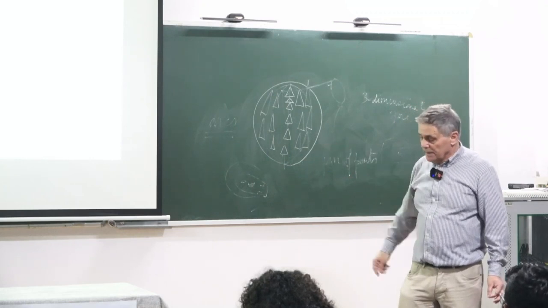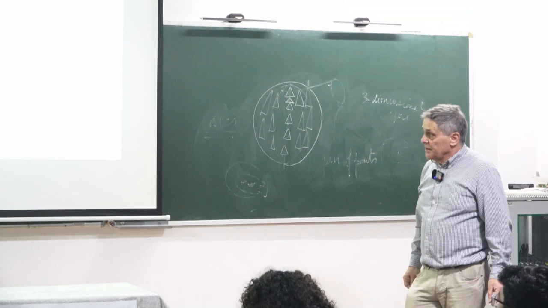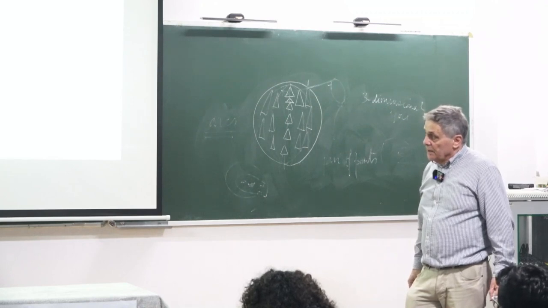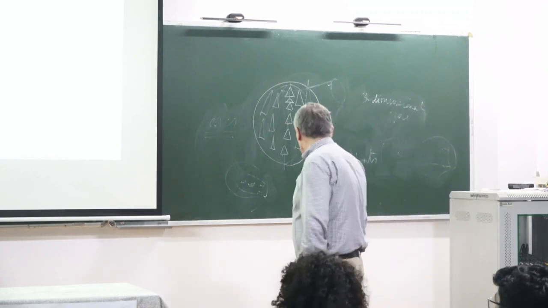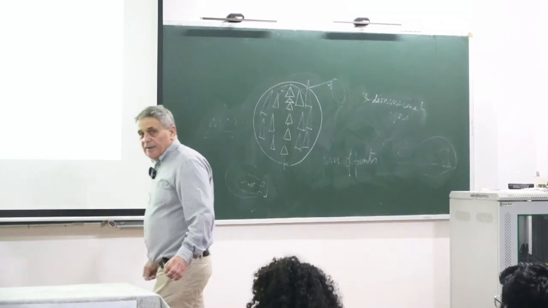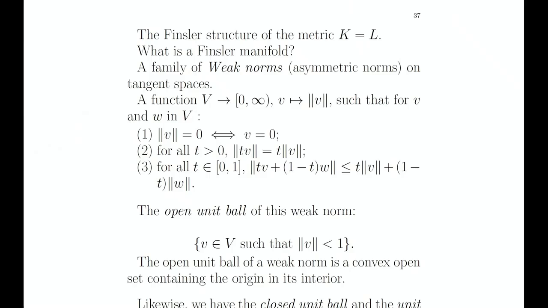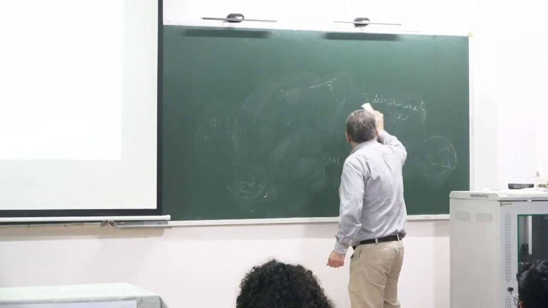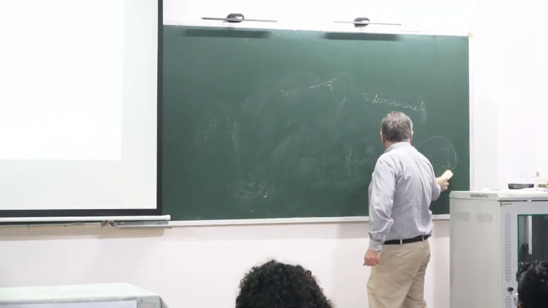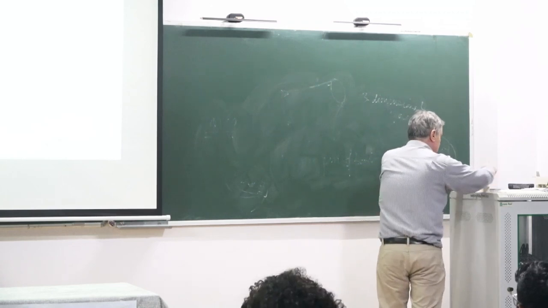I could spend hours explaining good problems in Finsler geometry, but I don't have the time to do it. So let me mention just this. One good example of a Finsler manifold is this.